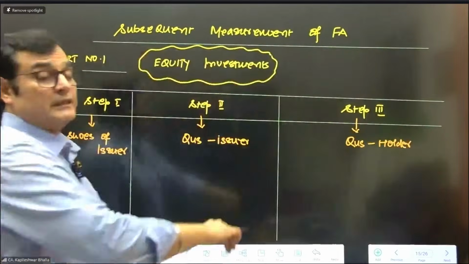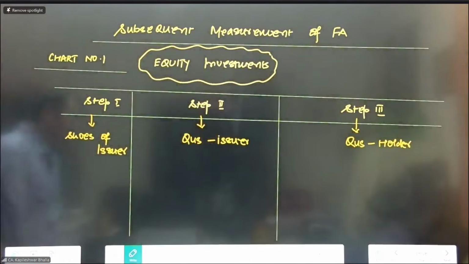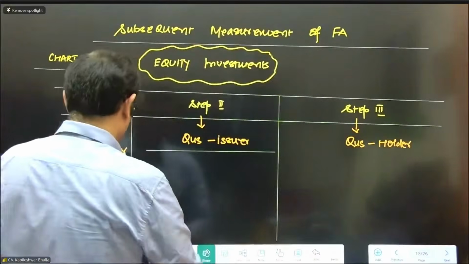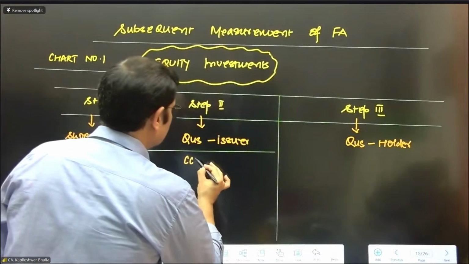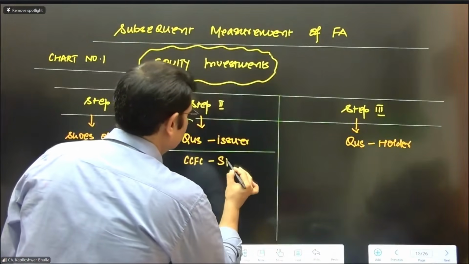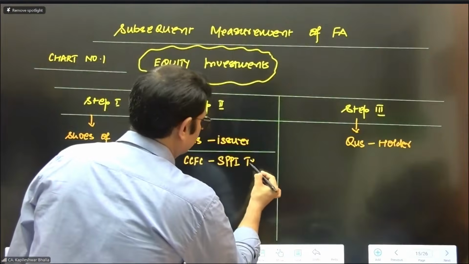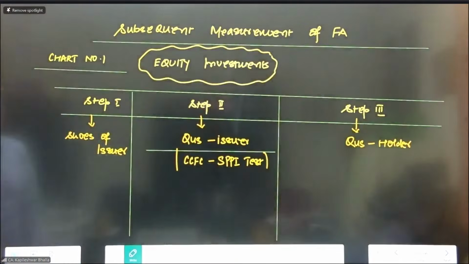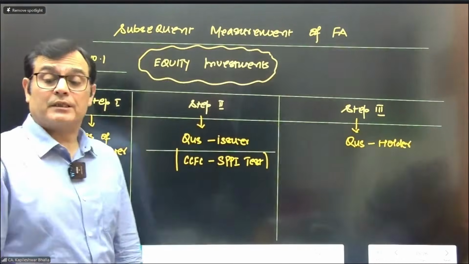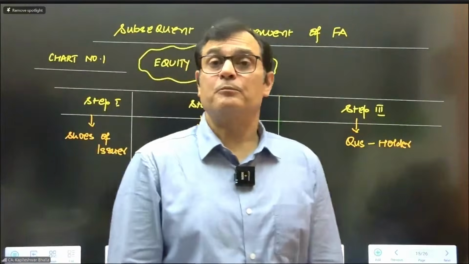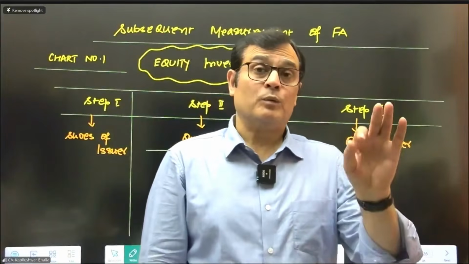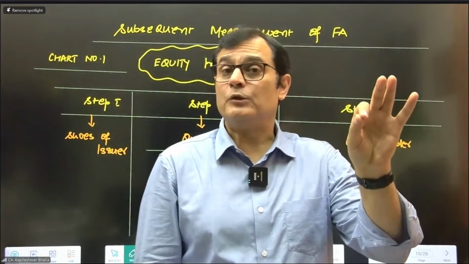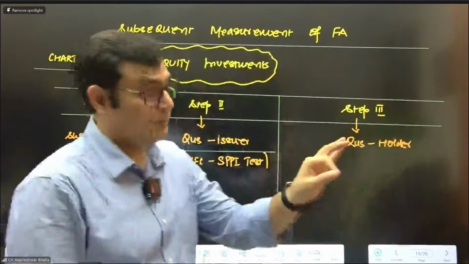And in terms of equity investments, you will also recall that when you put a question to the issuer, this is called CCFC comprising the SPPI test. So step number two is the contractual cash flow characteristic comprising the solely payment of principal and interest test, where you are putting a question to the issuer: is he going to pay you interest and the principal or not?